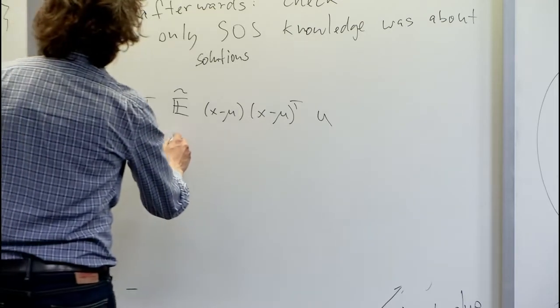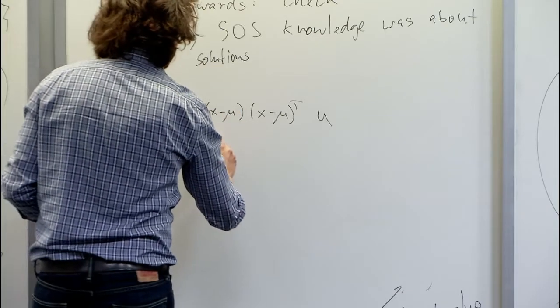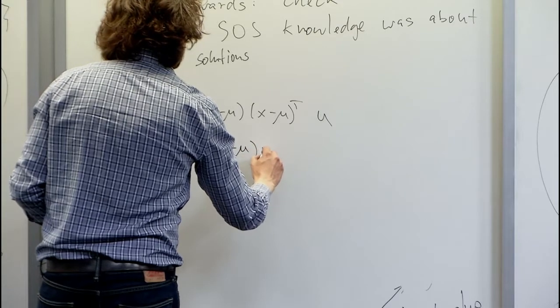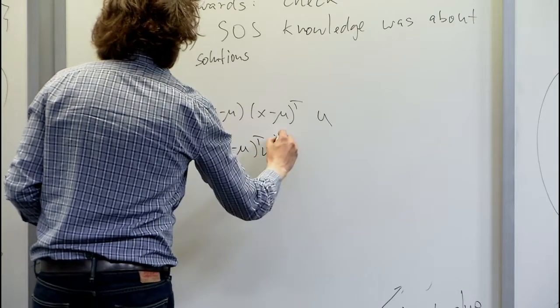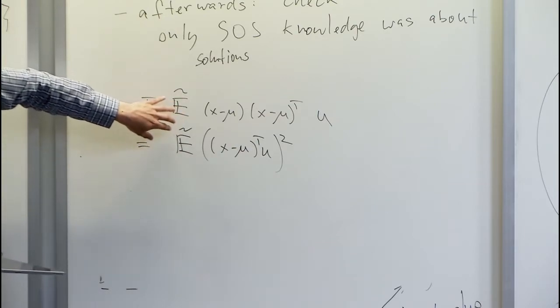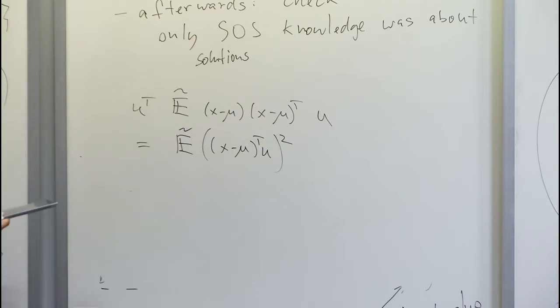And so the value of this quadratic form is the same as the expectation of this square. This identity would be true if this were an actual distribution, but because we're just using linearity, this is also true for these pseudo expectations.